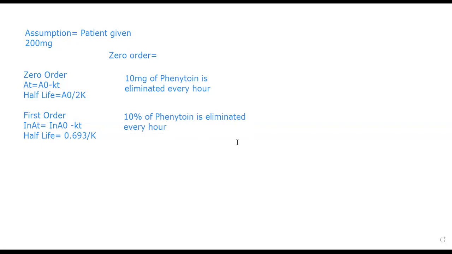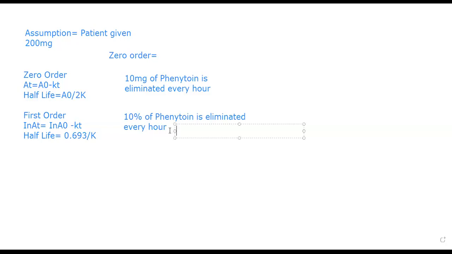So what this means is that if we up the dose to, let's say, 400 mg of phenytoin, if phenytoin is being eliminated by zero order, it won't change. The patient will still eliminate 10 mg of phenytoin every hour.